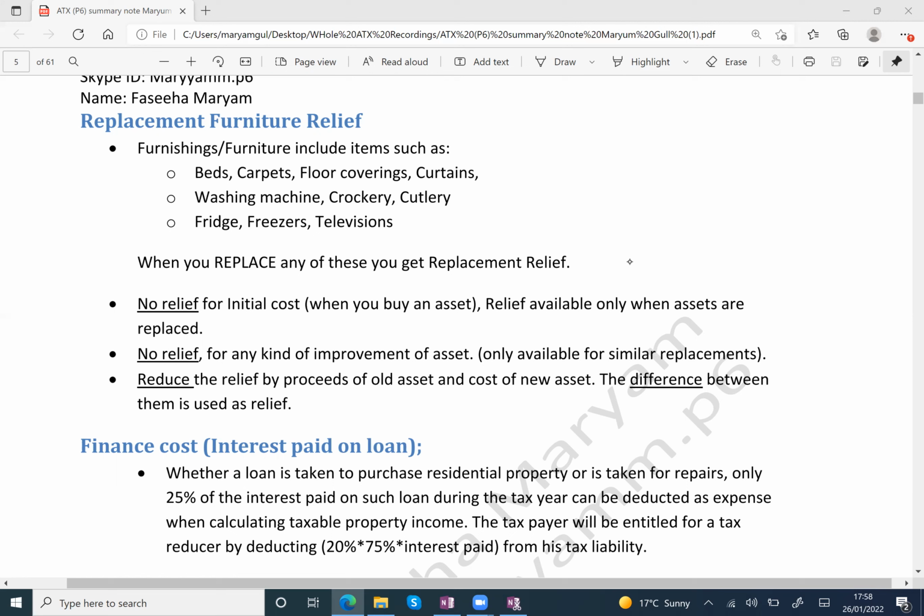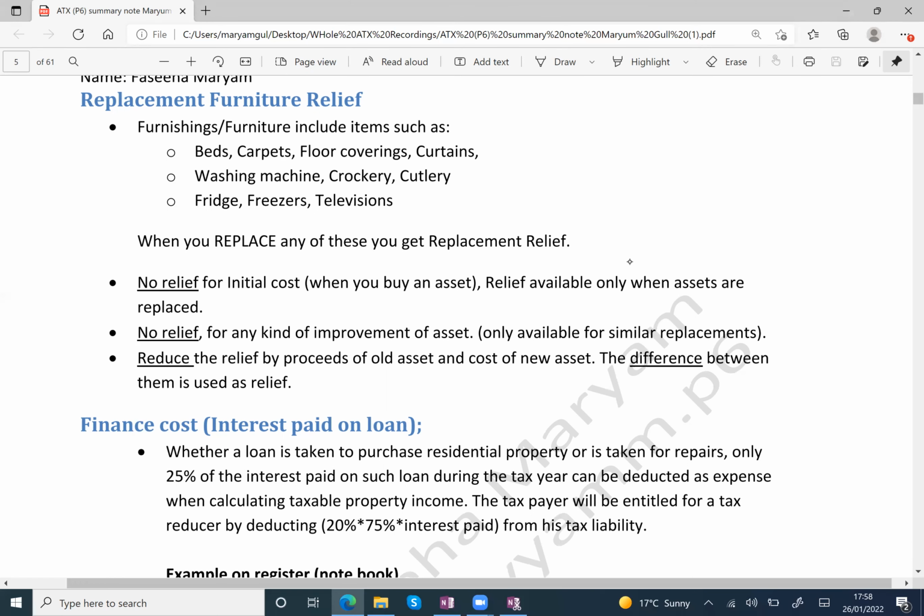When you first buy these things, you cannot deduct the cost as an allowed expense. But when you replace these things with new ones, then that cost you can deduct as an allowed expense. Got it? So initial cost is not a relief, but when you replace, then that is your relief and you can deduct that cost.